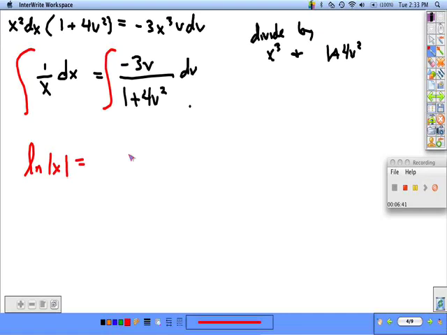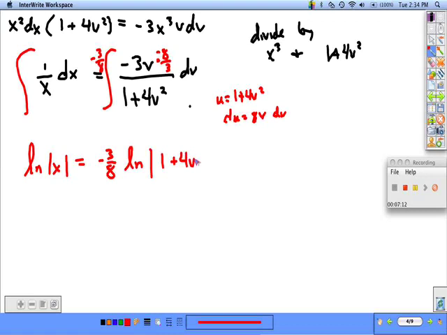Natural log of x equal to, and we're going to have to use a u substitution, so du is 8v dv. And then, of course, we have our plus c.